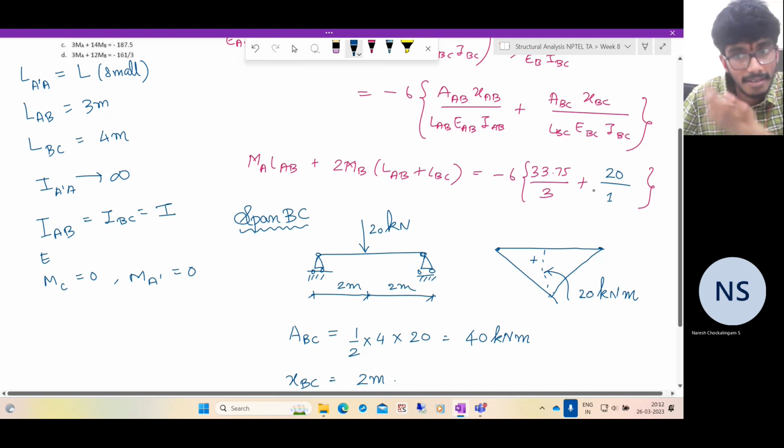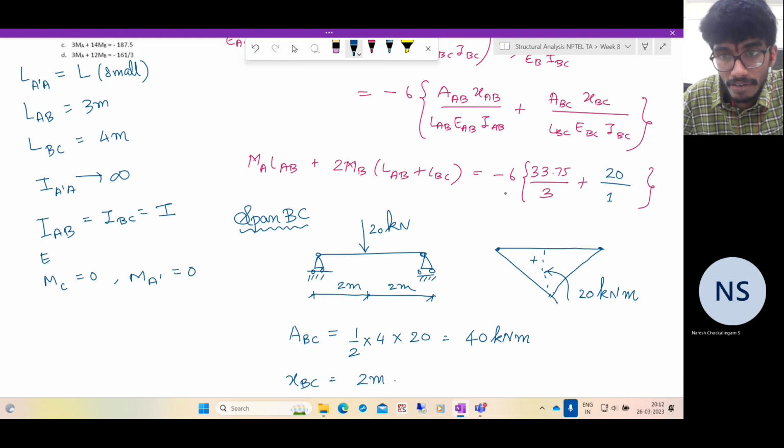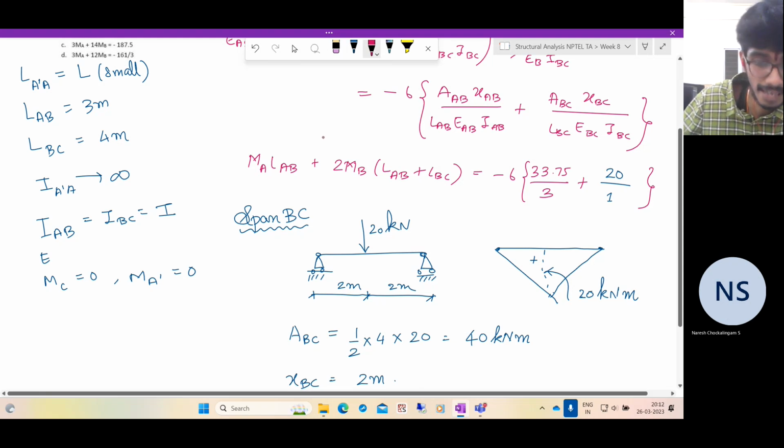So we have already determined 33.75 into 2 is 67.5, and 67.5 plus 120, 20 into 6 is 120, so it is 187.5. Just plug in the values. In one step you get the answer. What is LAB?